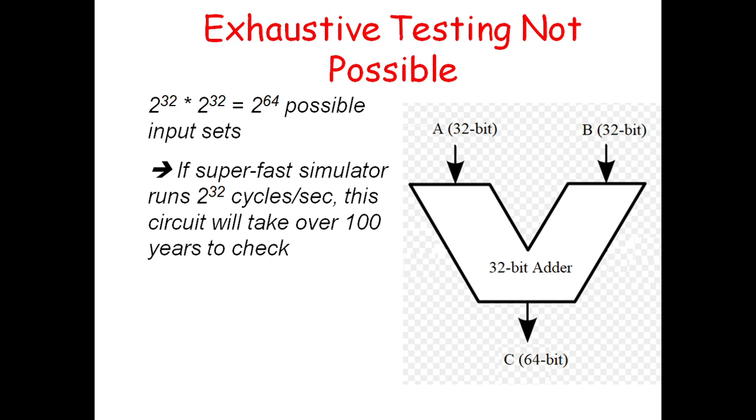If a super fast simulator is used, and assume this super fast simulator runs 2 raised to power 32 cycles per second, at this speed this circuit will take over 100 years to check every possible input. Because the number of possible inputs is extremely large, it will take around 100 years.